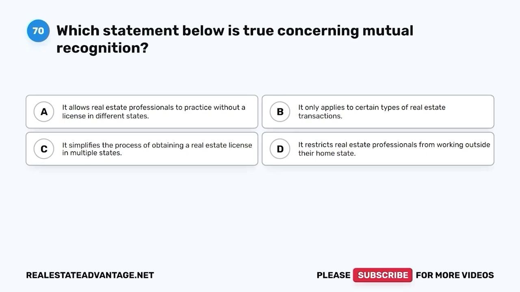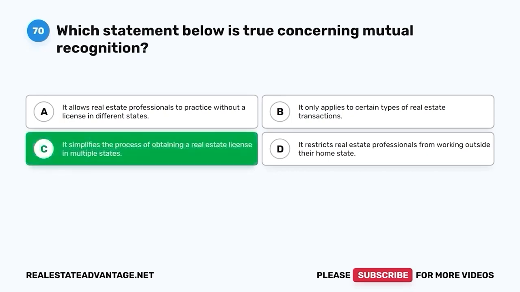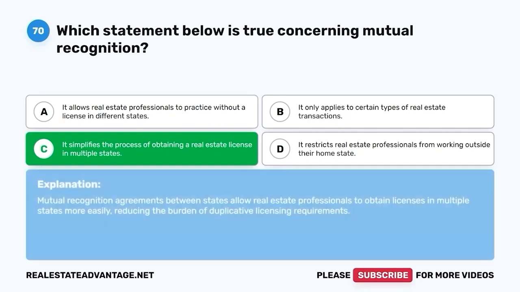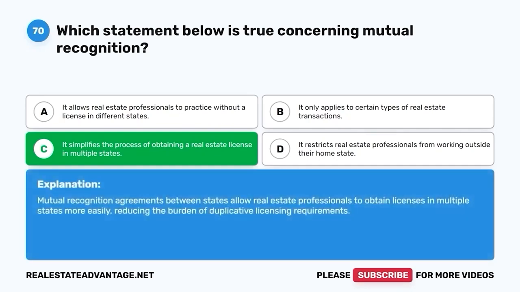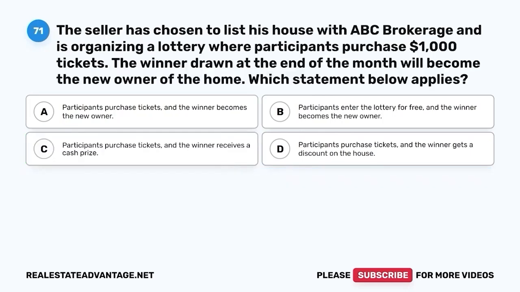D. It restricts real estate professionals from working outside their home state. The correct answer is C. It simplifies the process of obtaining a real estate license in multiple states. Mutual recognition agreements between states allow real estate professionals to obtain licenses in multiple states more easily, reducing the burden of duplicative licensing requirements.